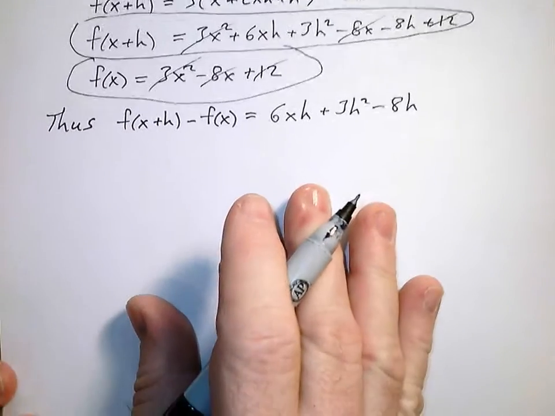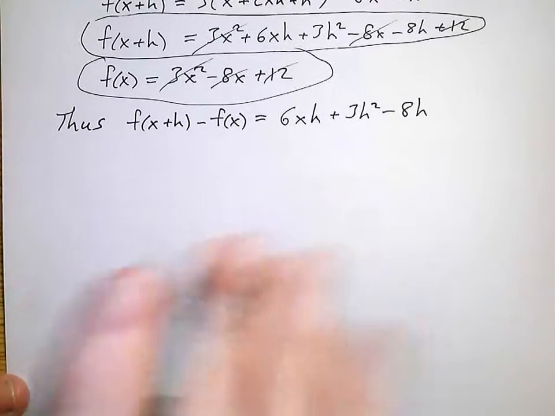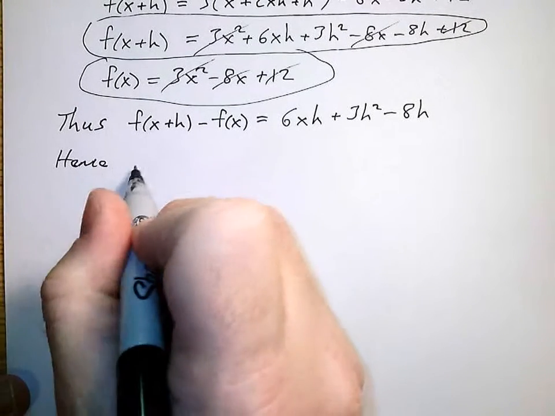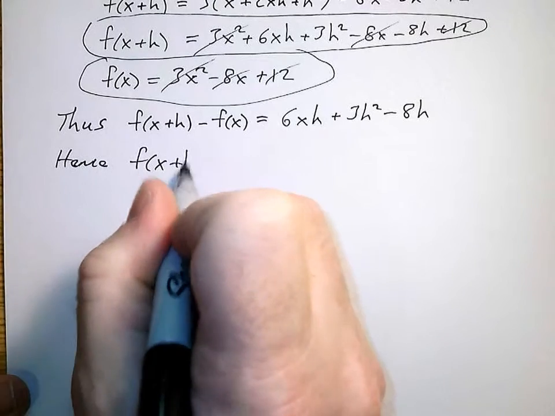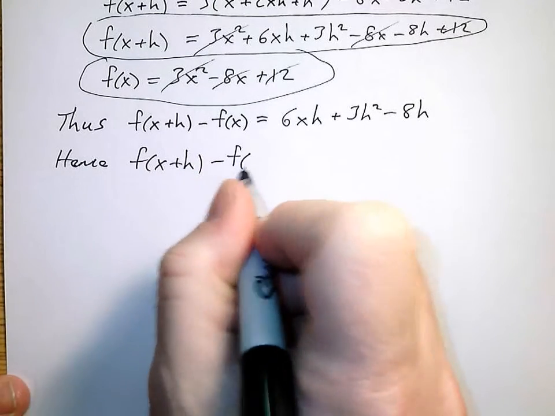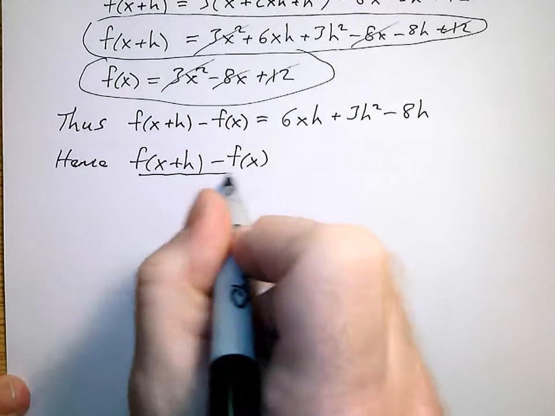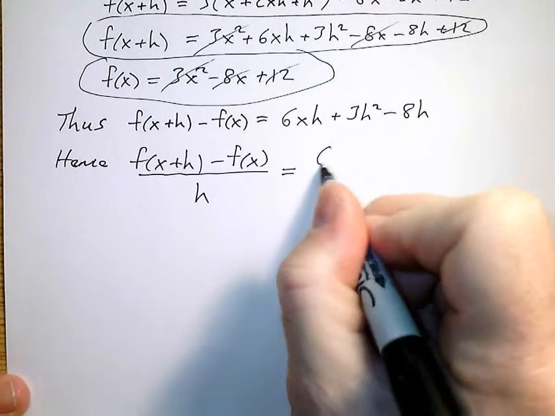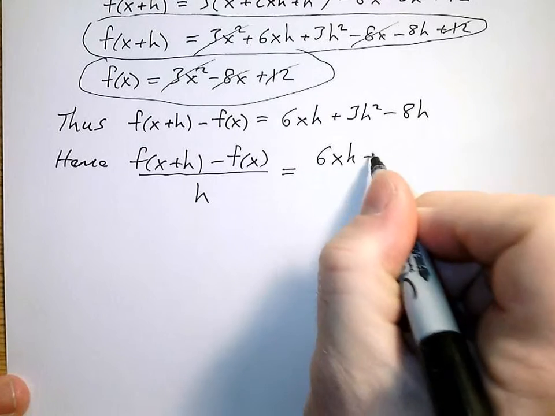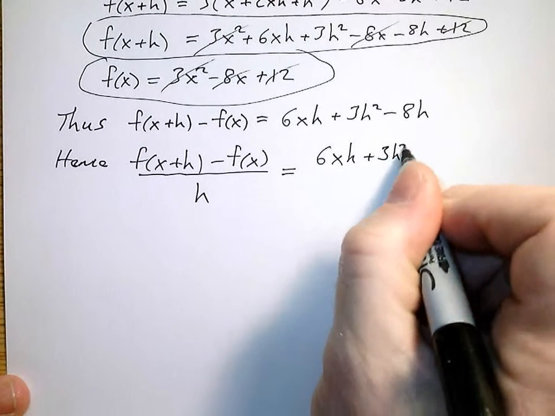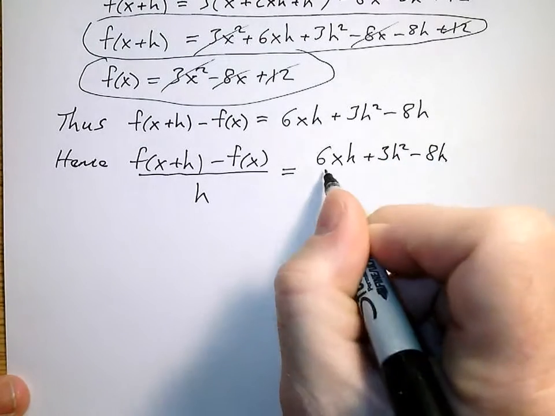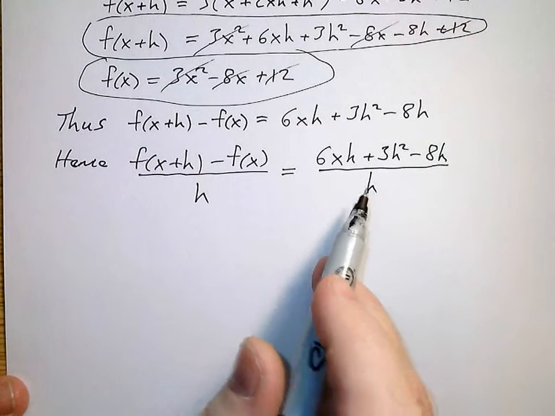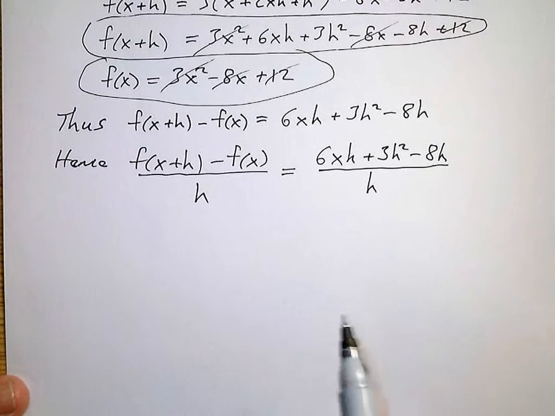Okay, so now, hence, our f of x plus h minus f of x over h is going to be 6xh plus 3h squared minus 8h over h. And you might notice that every single term in the numerator has an h in it, which is good.